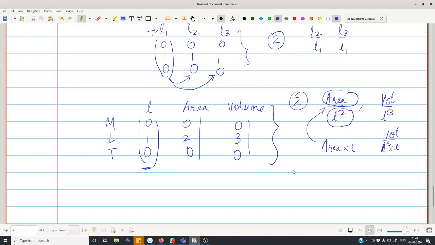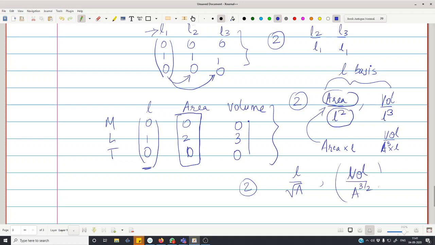Of course, I can write dimensionless terms if I choose area as the basis. So these are the dimensionless terms where length is the basis. I can equivalently write the 2 dimensionless terms keeping area as the basis: L upon square root of area, and volume upon area raised to 3 by 2. These are also equivalently valid.